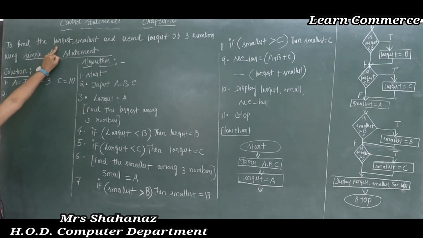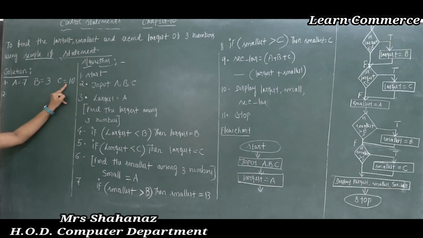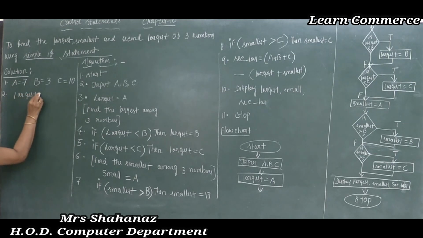The second step: first of all we need to find out the largest of the three numbers. As we know, the three numbers are A is equal to 7, B is equal to 3, C value is equal to 10. Now, just as my assumption, we can say that the largest is equal to A, as the A value is equal to 7.